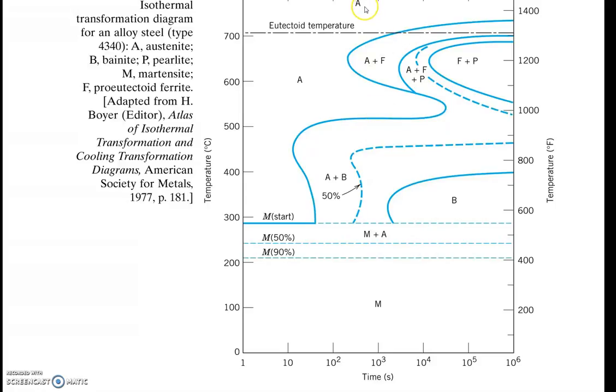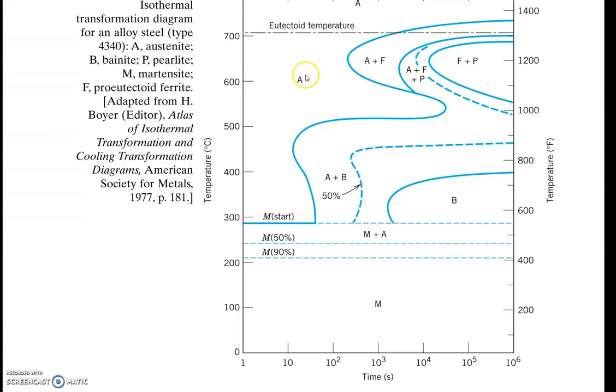Essentially, in this case, we have an alloy steel, type 4340, and you can see the unusual shape of the IT diagram, and also there is a pro-eutectoid phase that now comes into play.